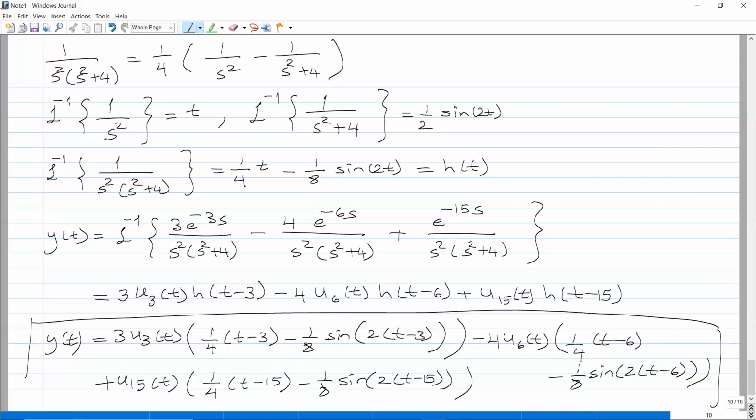So we will have unit step functions, so we have exponentials in s, but also when we come back with the inverse Laplace, we need to do some shifts.